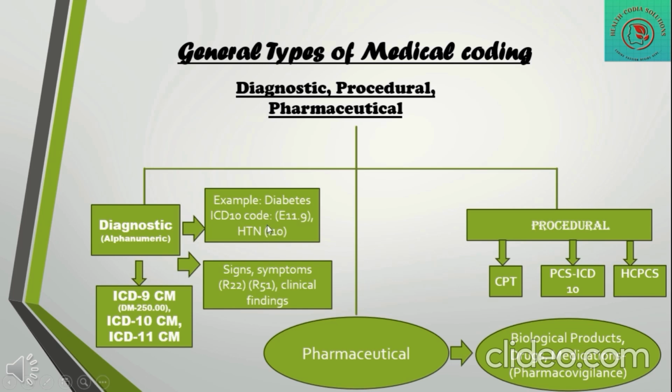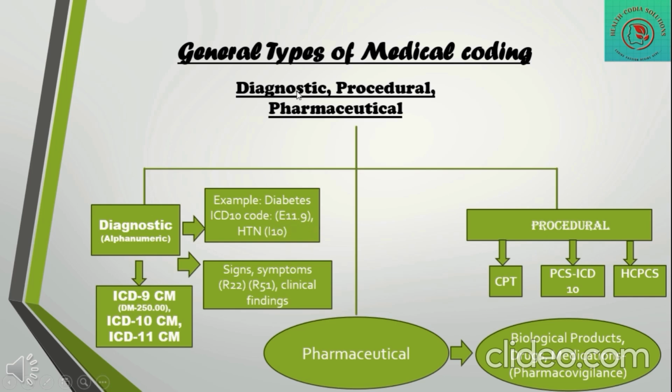That is nothing but the diagnosis. Now, converting that diagnosis into a universal code in order to reimburse or pay the providers from the payer side or from the government side is called diagnostic medical coding.